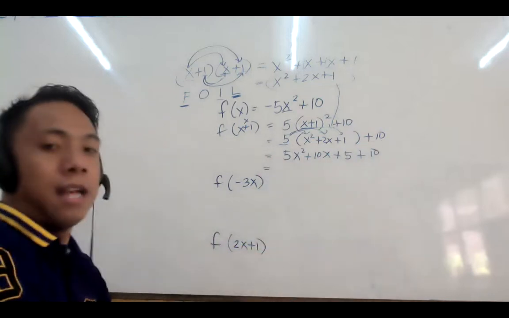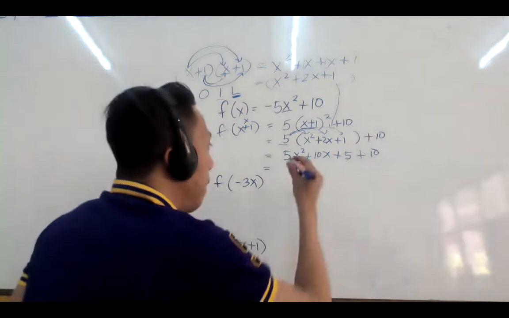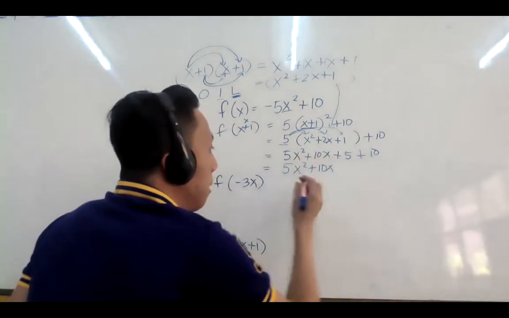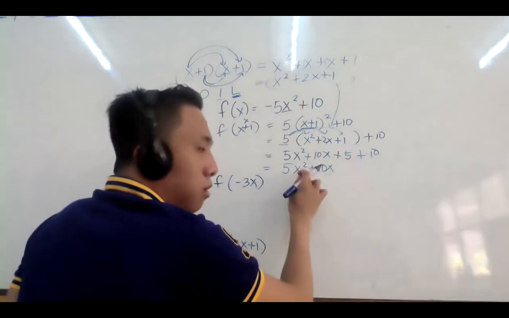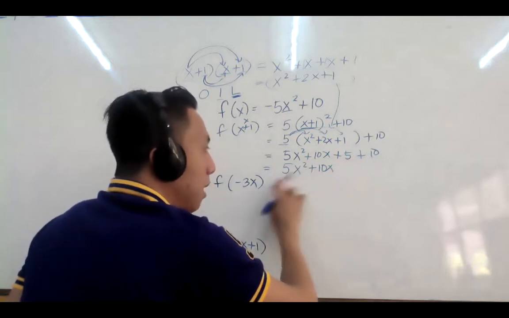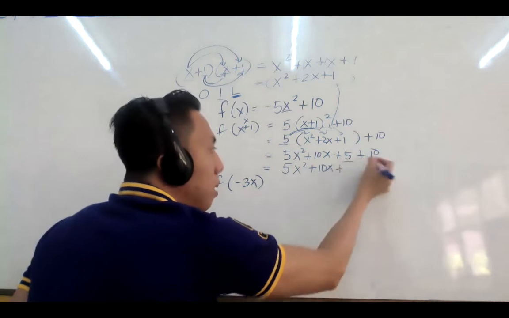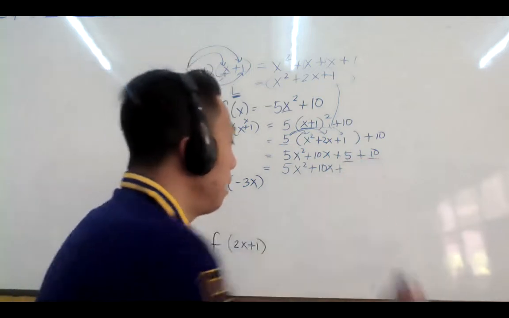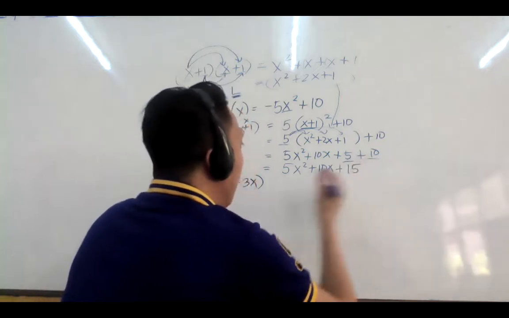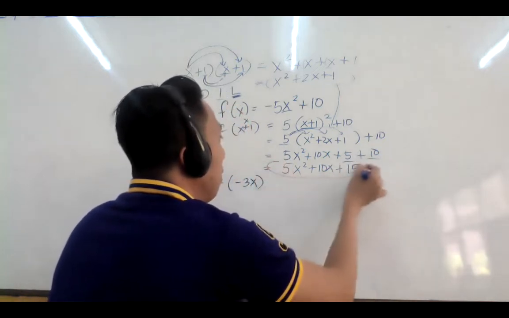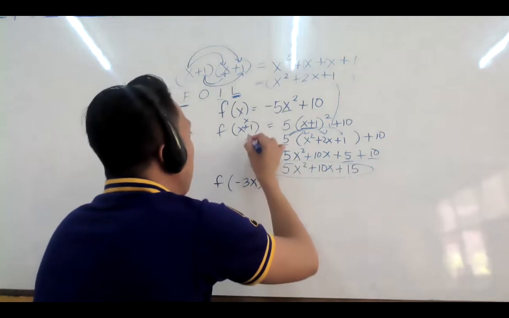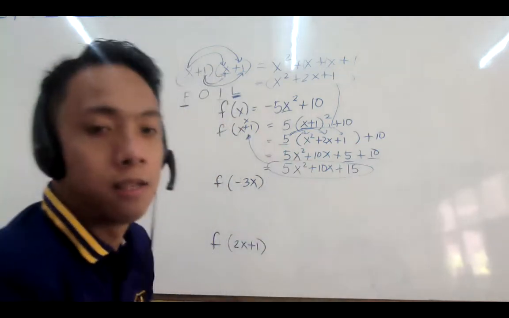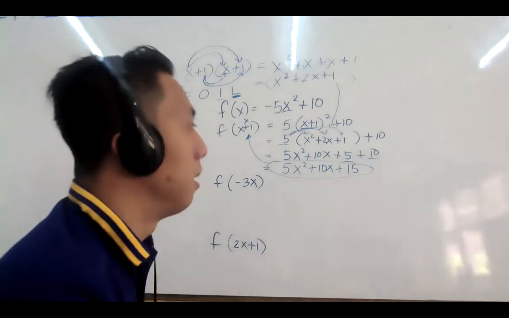Simplify again, combine like terms. Since they are not the same, this one is x squared, this one is x, we cannot combine them. But these two we can combine. They are both numbers. So 5 plus 10 is 15. So the function of x plus 1 is 5x squared plus 10x plus 15.